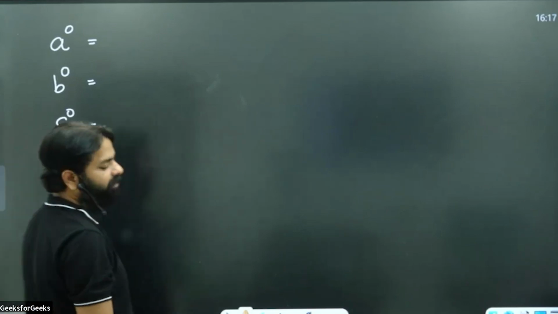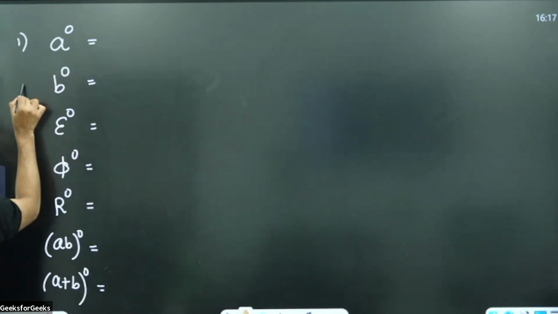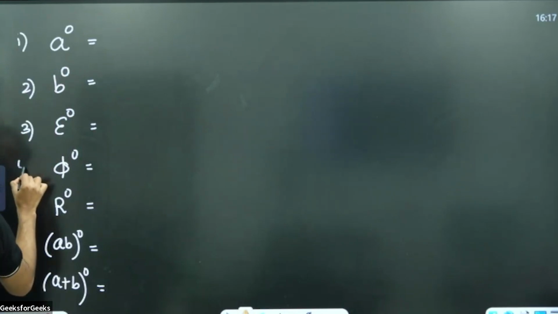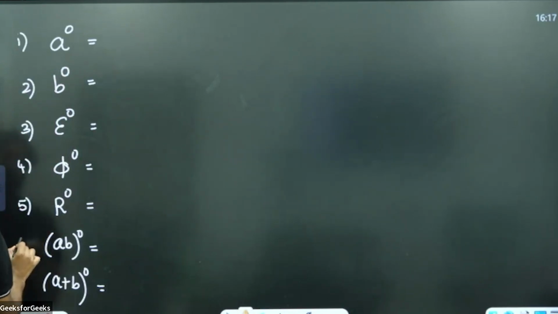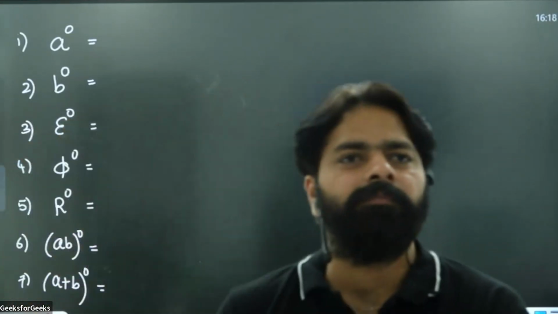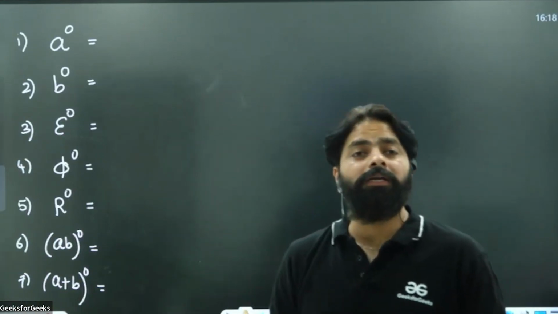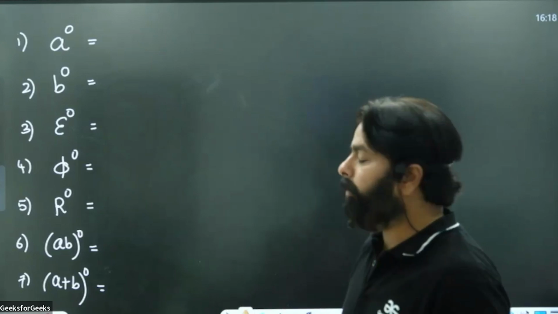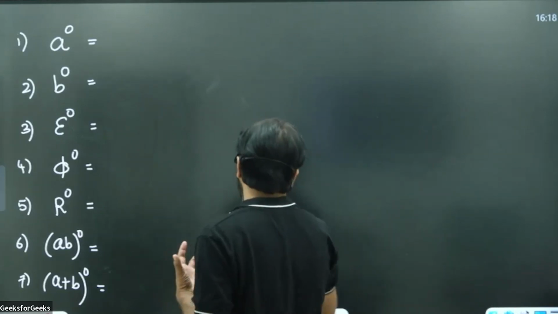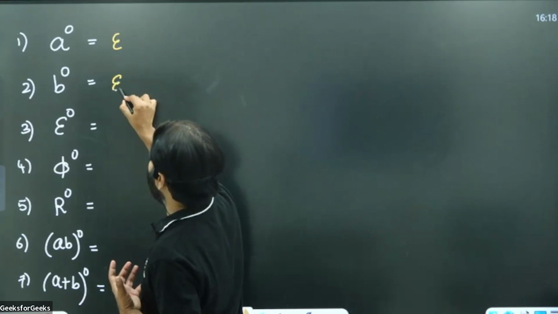What do you mean by this power 0 for these forms? Can you try them? And remember, it doesn't matter what that R is. Power 0 represents 0 symbols of it. Everyone will get the same answer, epsilon.